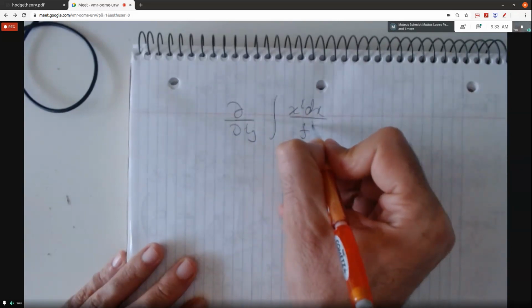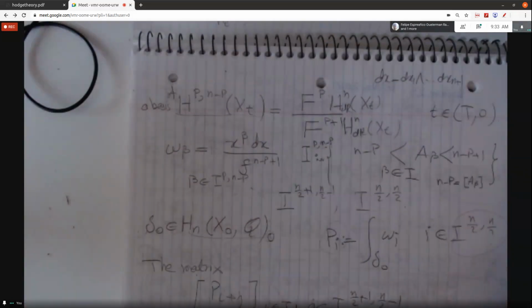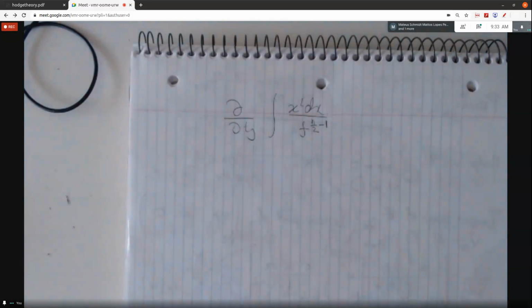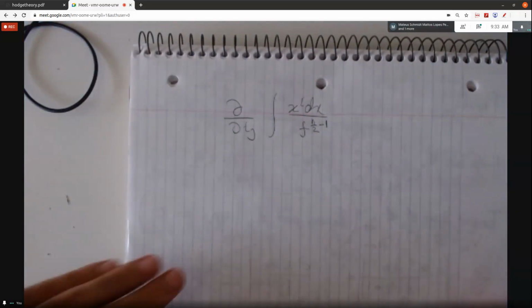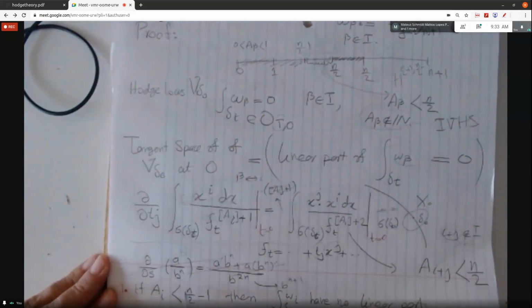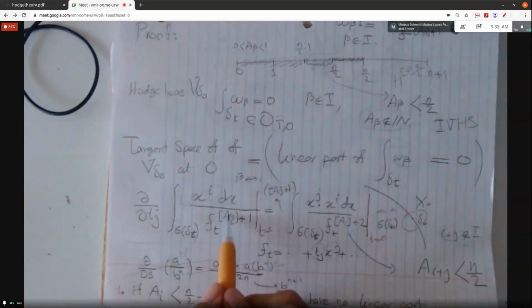Where I am n half, I have to take n half minus 1. Let me see. I am going to take n, so I bigger than n half minus... yeah, exactly. So for this step here, I will have n half itself.